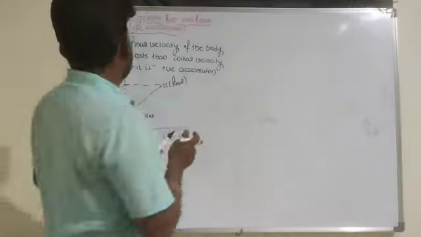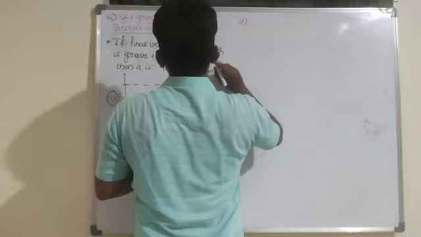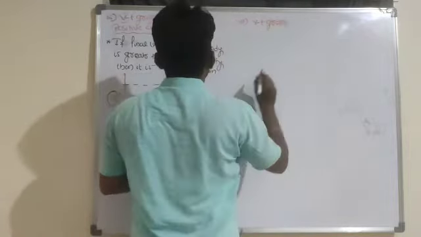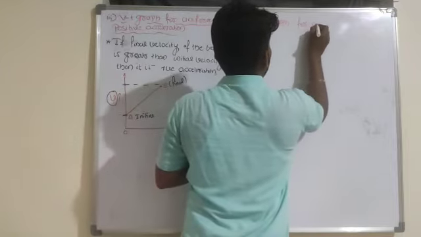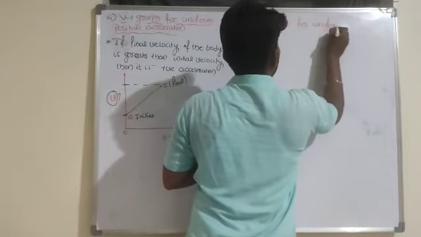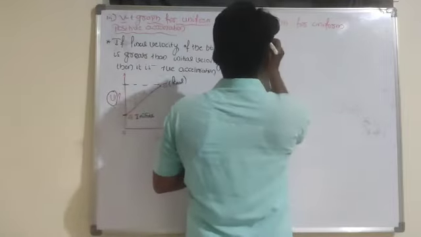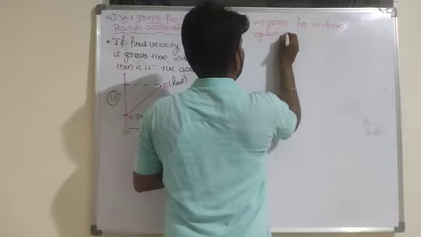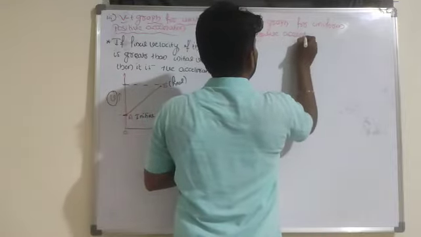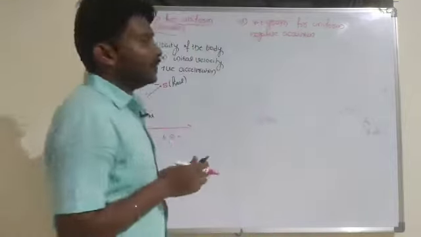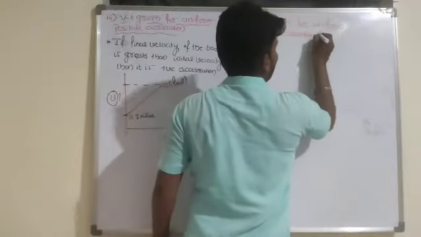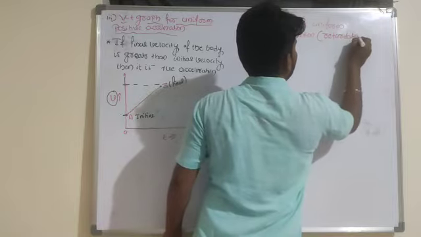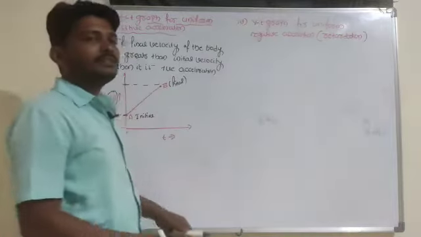So we'll consider the VT graph for uniform negative acceleration, and negative acceleration means retardation.